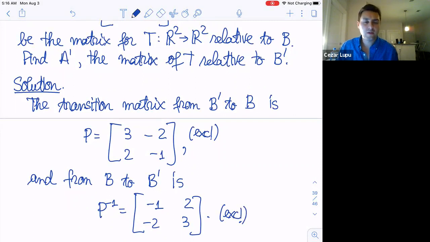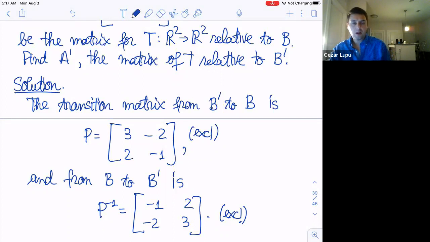You can find the inverse for this matrix, which is given by -2, -1, 2, -2, and 3. So that's the inverse. Anyway, there are plenty of ways of finding the inverse of this matrix. I assume you already know this by now.